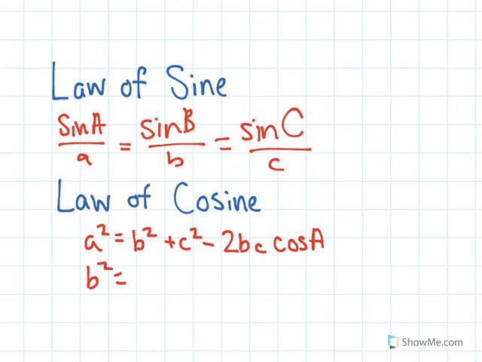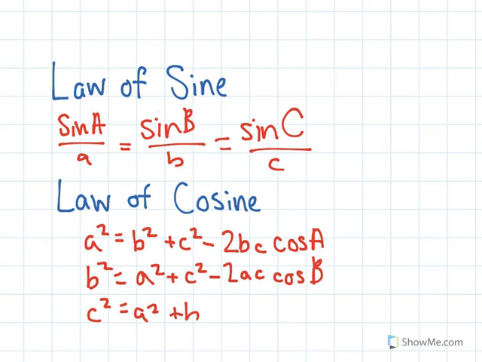So b squared equals a squared plus c squared minus 2ac cosine B. And similarly, c squared equals a squared plus b squared minus 2ab cosine C. Keeping these laws in mind, we're going to go through some example problems using the law of sines and law of cosines.